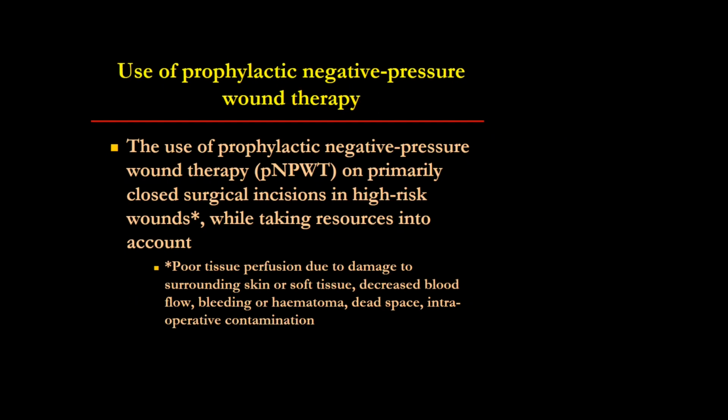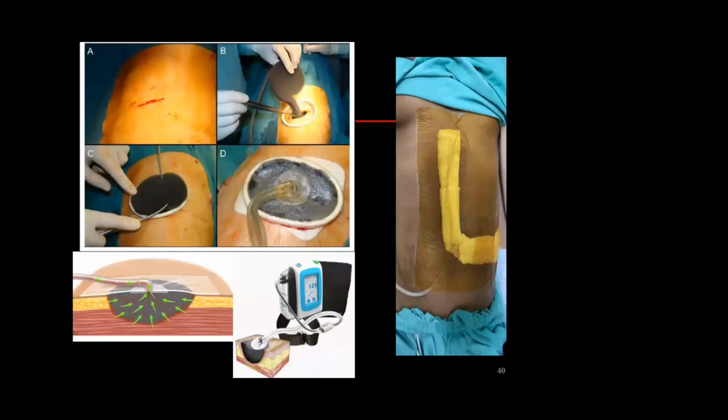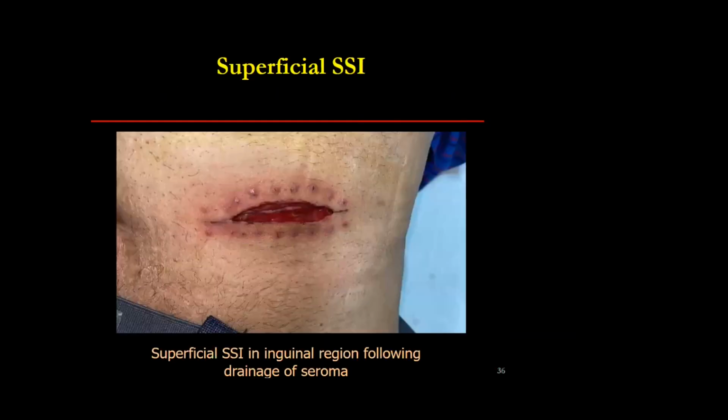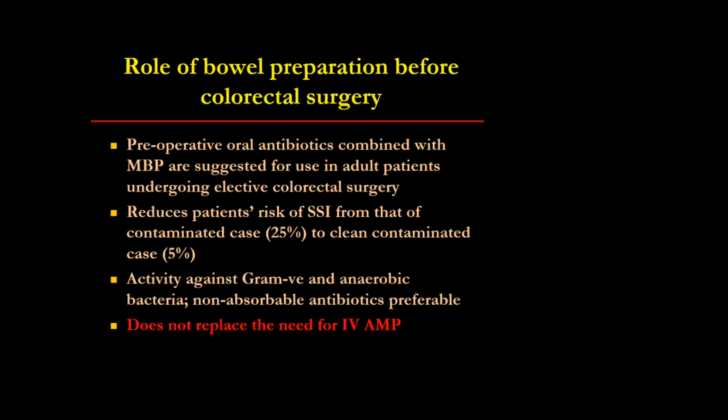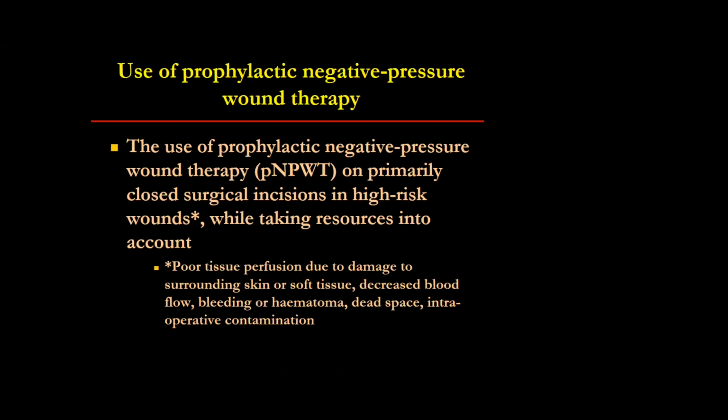Secondly, it is disabling to the patient. Only when you have reason to believe that there's a lot of skin damage, or you think that some patient has got underlying decreased blood flow, or there's bleeding or a lot of dead space, then you might opt to use negative pressure wound therapy.